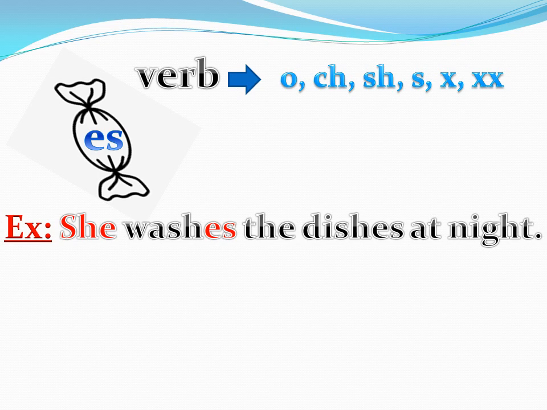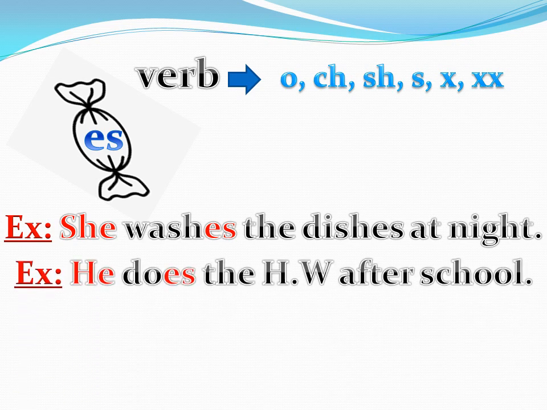Here, the verb wash ends in SH. And our sentence starts with the super student, she. So we have to add ES to the verb. She washes the dishes at night.